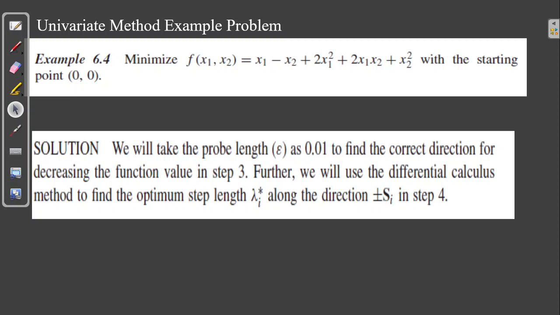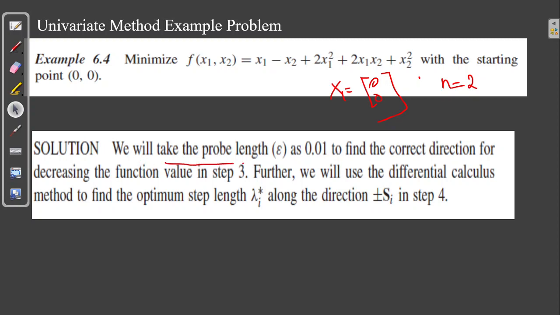This is our nonlinear function: minimize f of X1, X2, where n is equal to 2. f of X1, X2 equals X1 minus X2 plus 2X1 square plus 2X1 X2 plus X2 square, with the starting point given by the examiner, that is X1 equal to 0, 0.